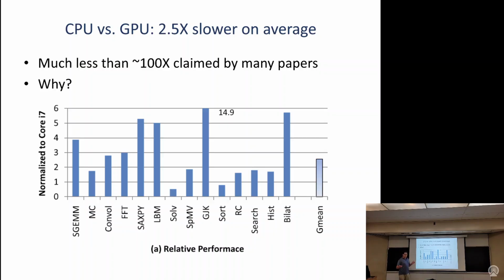The GPU usually was already pretty well optimized because that's what people had been publishing, but they found the CPU code was often not well optimized. Then they recomputed the speedups, and they still found the GPU was better, right? So it had a performance advantage, but it averaged about 2.5x, and it varied quite a bit. One of them had a still quite large advantage of 14.9x, and 2.5x is not bad, but it's a lot less than 100x.